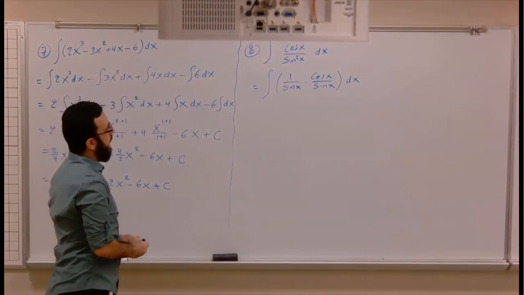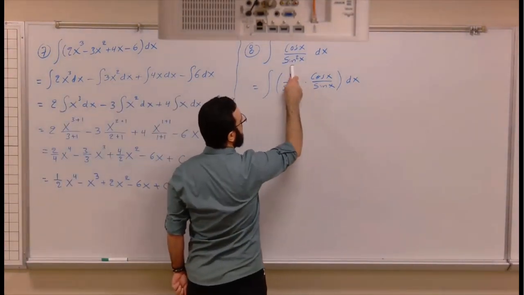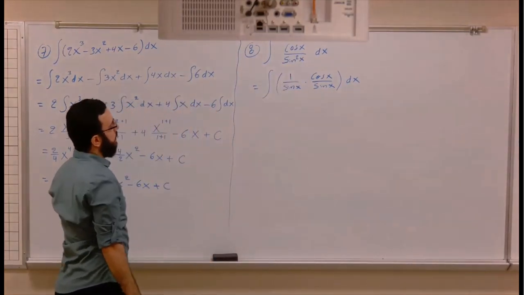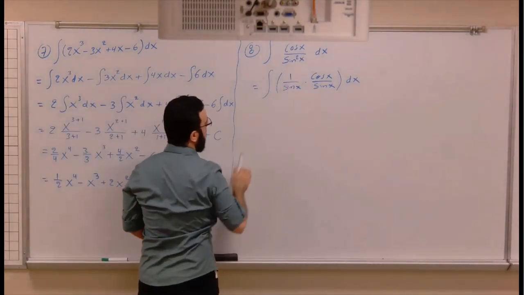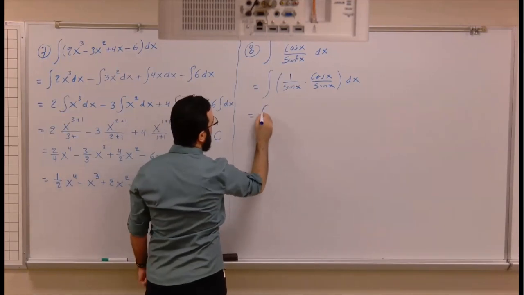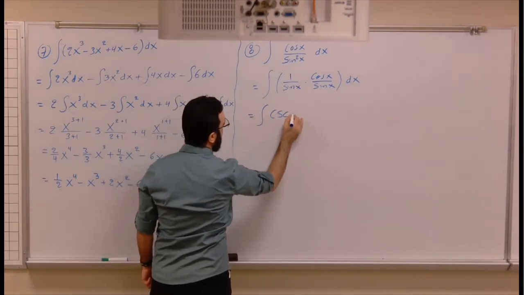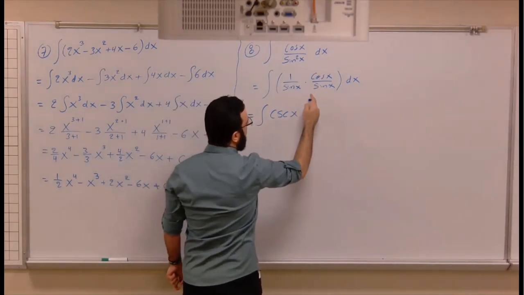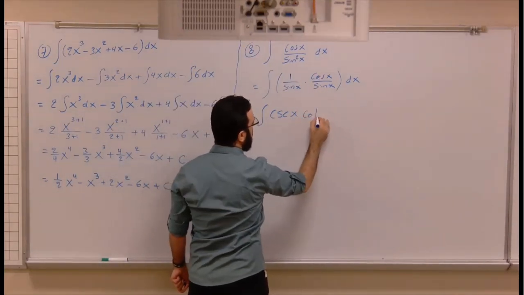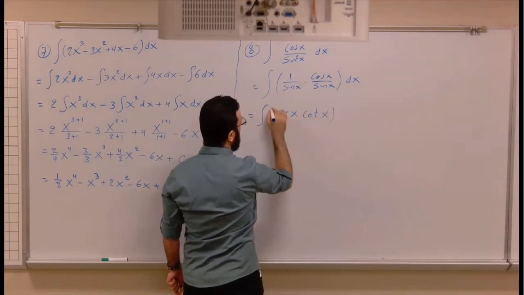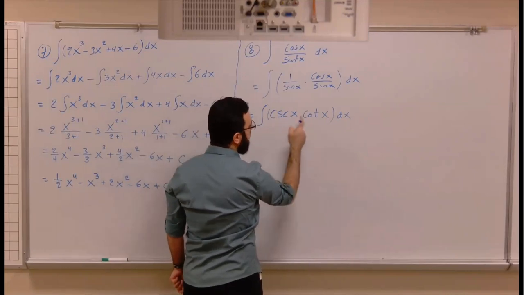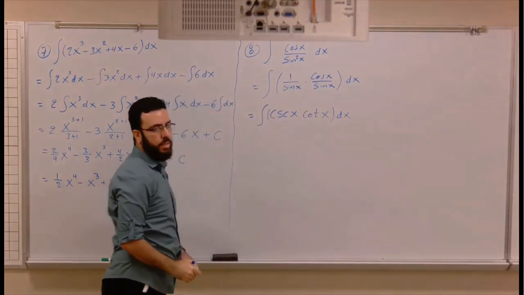Sine times sine is going to be sine squared. 1 times cosine goes to the cosine. Now tell me, 1 over sine is cosecant. So this one is cosecant x. Cosine divided by sine is cotangent x. So that means I'm going to find the integral of cosecant x times cotangent x.